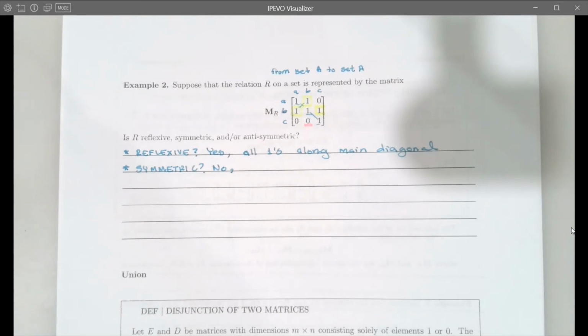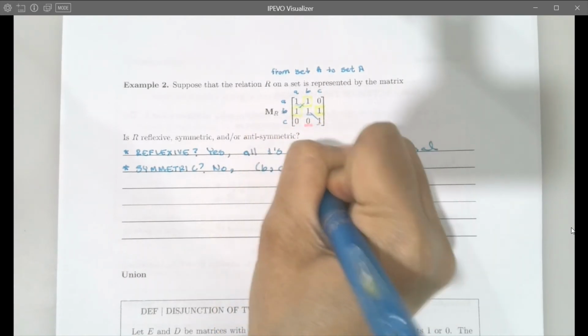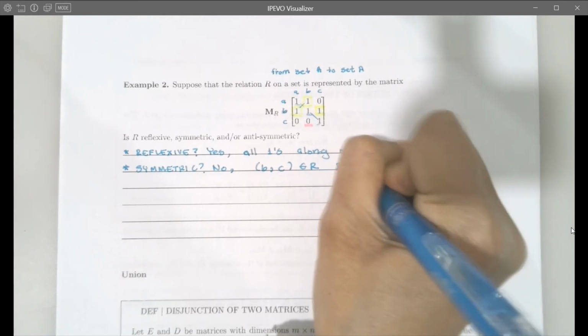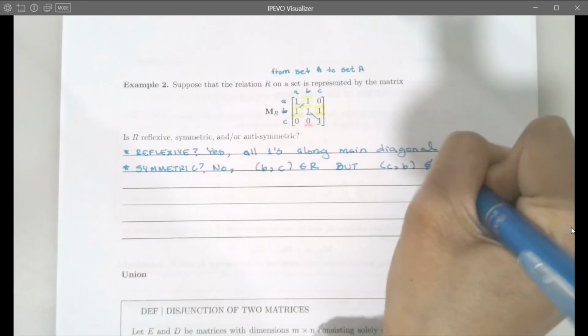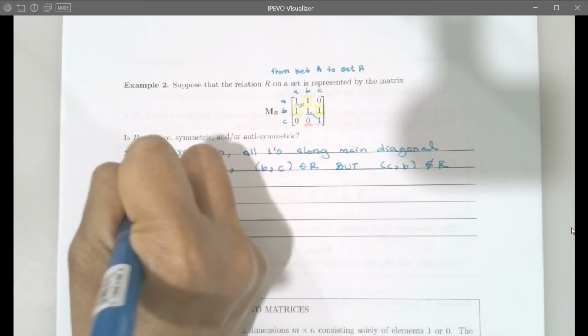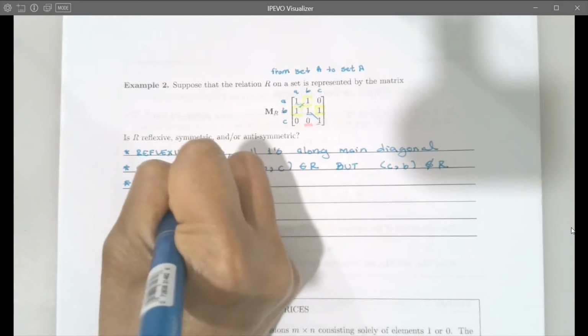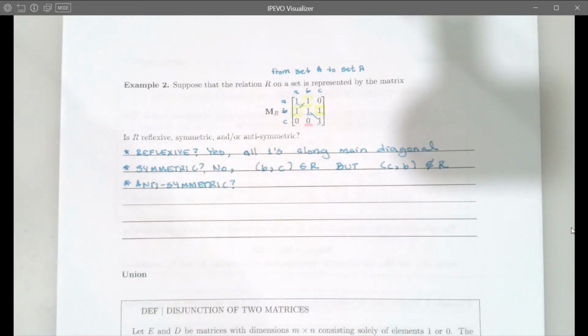Now, if we try to give a reasoning why, we can look at the elements of the relation. This means that (B, C) is part of the relation. But the 0 means that (C, B) is not part of the relation. So it's not going to be symmetric. All right, finally, is it antisymmetric? Okay, antisymmetric means that wherever we have a 1 in the ijth position, then the jith position cannot have a 1.